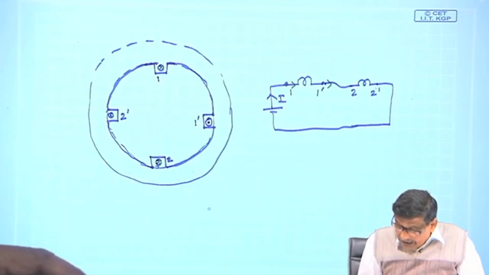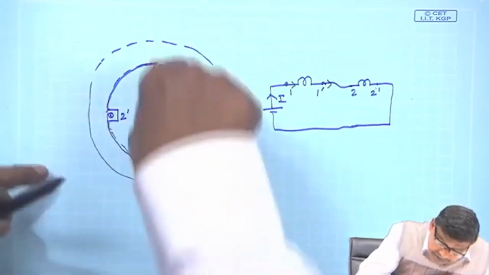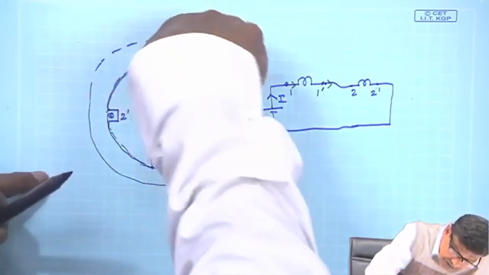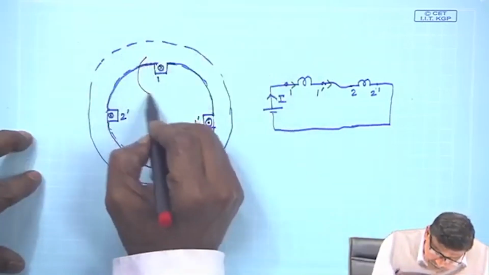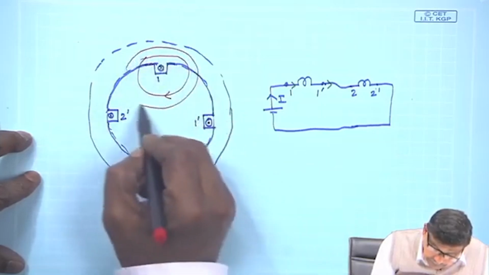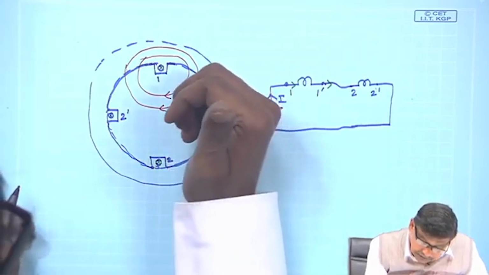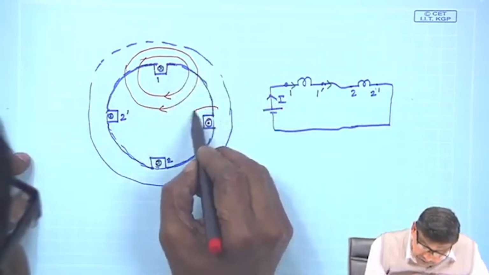Now, what is the implication of this? Implication is very interesting. See, this cross current will produce lines of forces like this. This dot current will produce lines of forces like this.